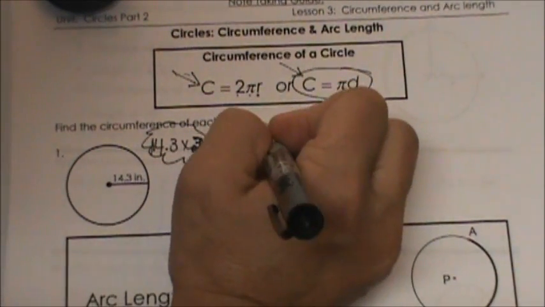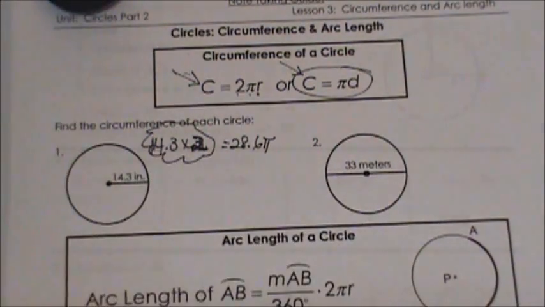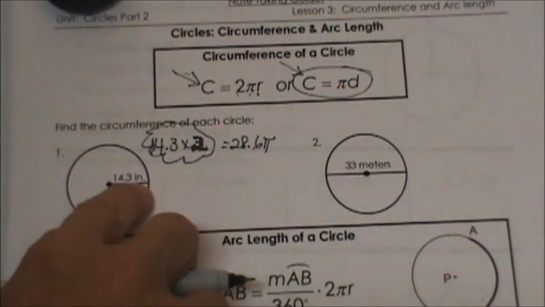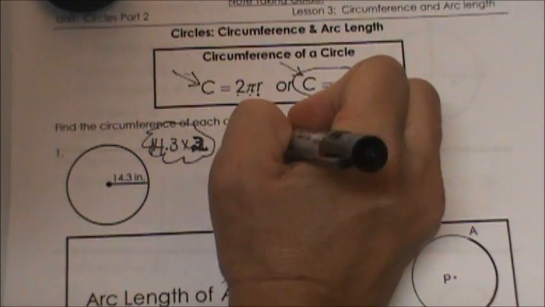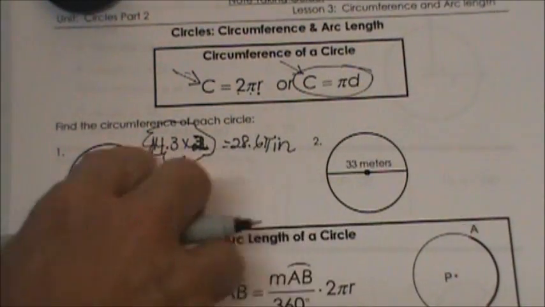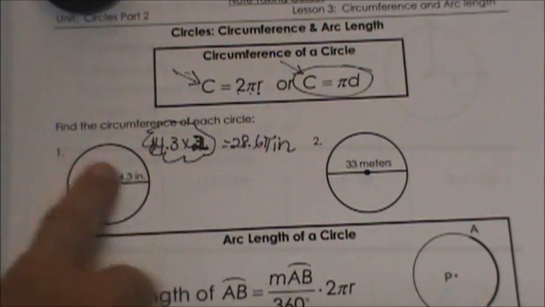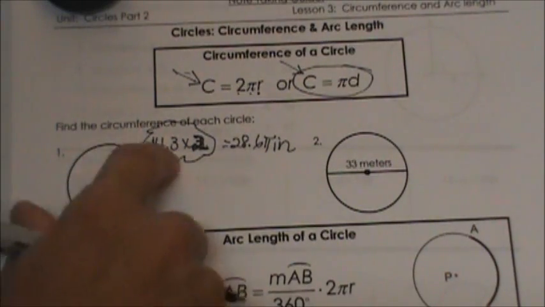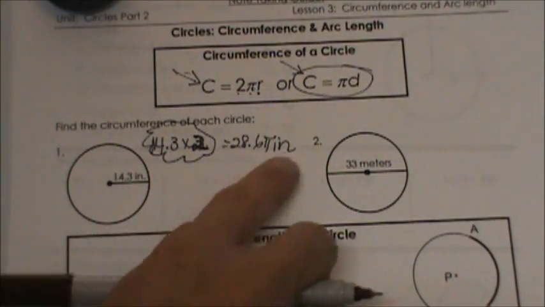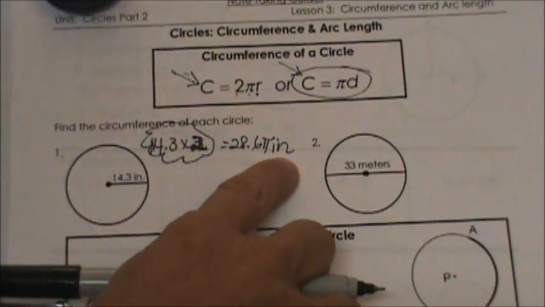And then all you do is stick a pi next to it, and there's your answer, okay? Now, this is in inches, so I'm going to have to stick my unit by there. Now, this is a linear measurement because we're not covering a space. It's just a measurement around. So we would just leave the units as just inches.